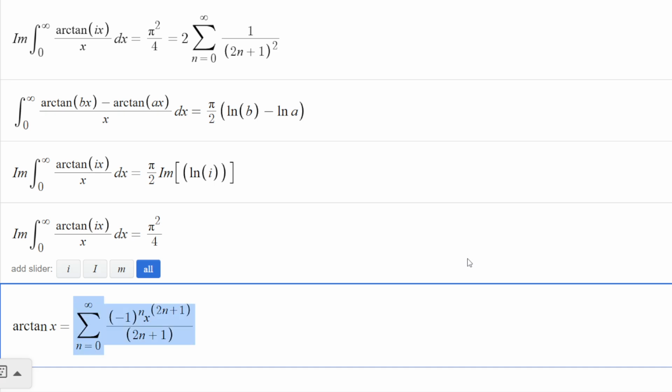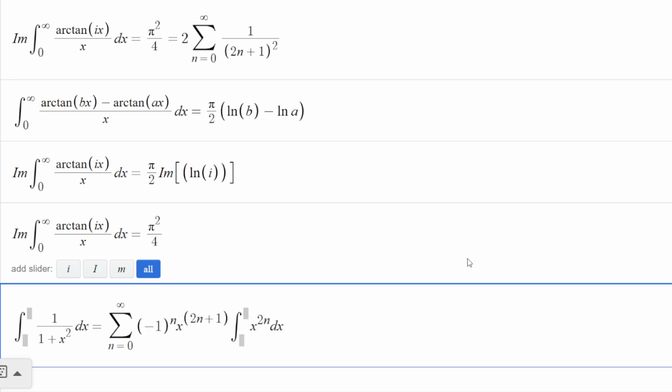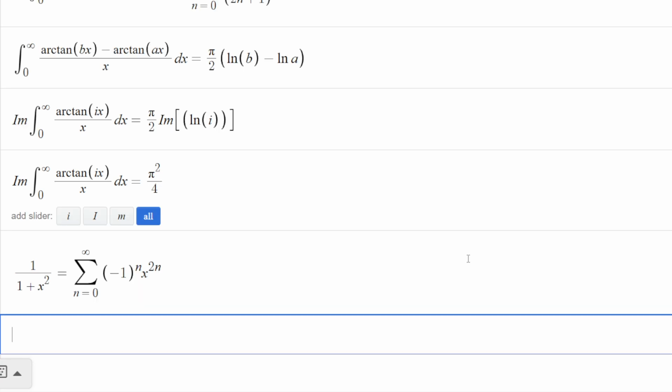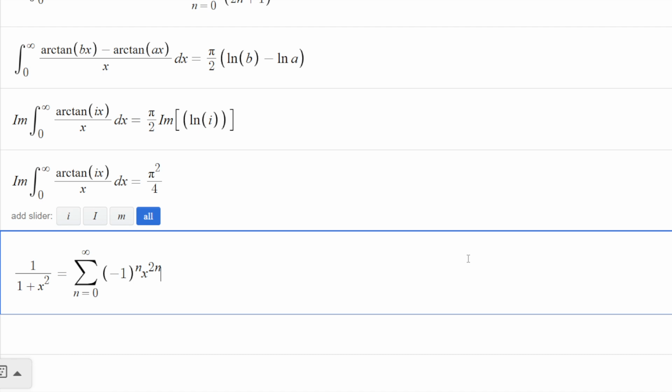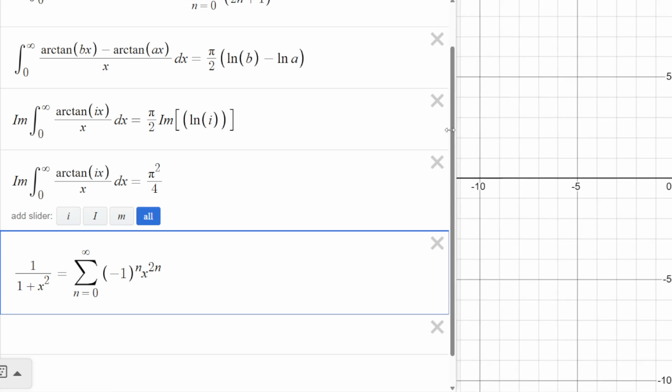This formula right here only, you know what? I'm going to back up a little bit. I'm going to back up to this part right here, right? Okay, so this is true, but it's only true for, let's see, and I'll show you. Let's bring out our little graph right here.